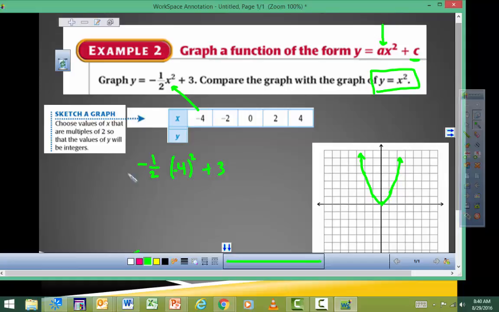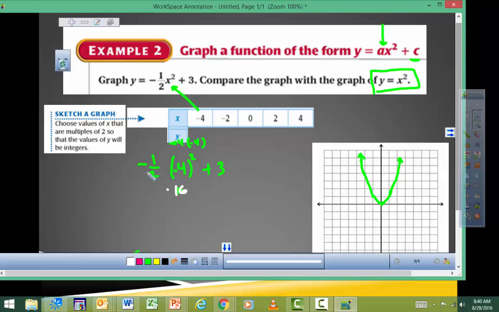Well, negative 4 squared, 16, right? So you have 16. Now, remember, a negative 4 times a negative 4 is going to make a positive. Negative times negative is a positive. So we get positive 16 here, right?